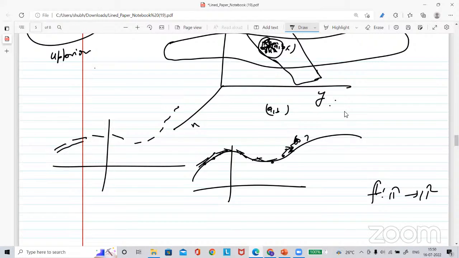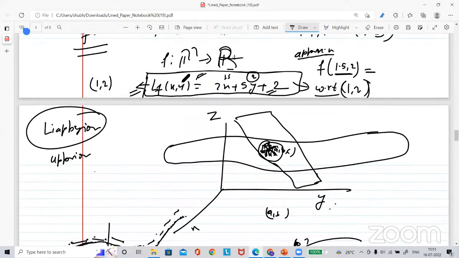That means you are able to draw a somewhat rough diagram of that function. Linear approximation tells you the values at that point, so you can get those values and approximately draw the graph of the function. Am I audible? Yes, sir, you are. So that's the meaning of linear approximation.